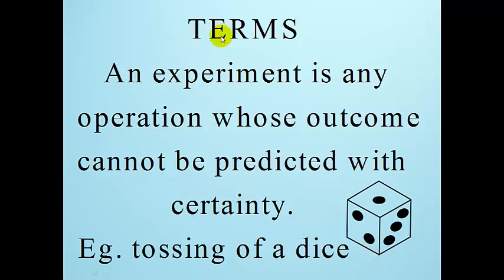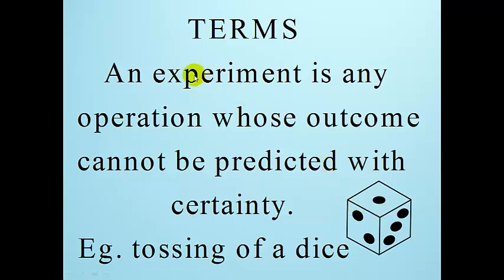Now let's look at some terms. An experiment is any operation whose outcome cannot be predicted with certainty. An example is tossing of a dice. We have all seen a dice before. When you toss a die, you never can tell whether 1 is to show up, 2, 3, 4, 5, or 6, because a dice has 6 faces.